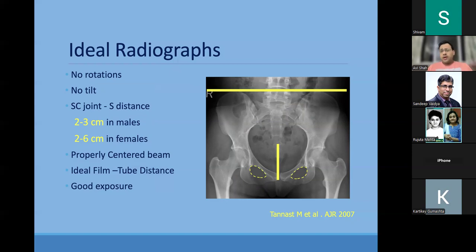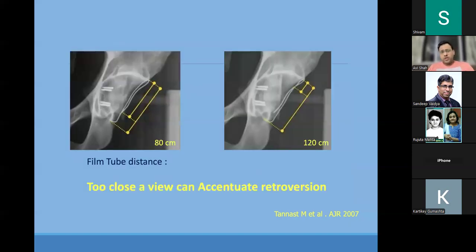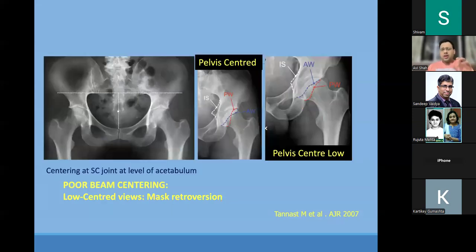Centering of the beam and the tube distance also affects the X-rays very greatly. If you see the same X-ray, if the beam is closer and if the beam is far away, it completely changes the version that we will see. So always be careful and make sure that your beam distance is always the same. Usually 80 centimeters is what everyone uses as standard. And again, centering of the beam.